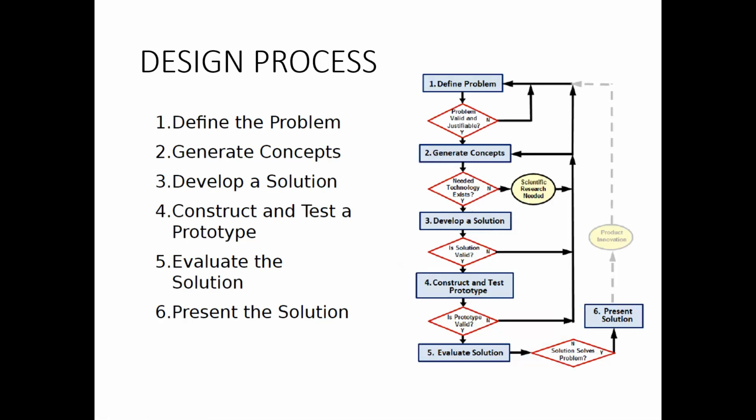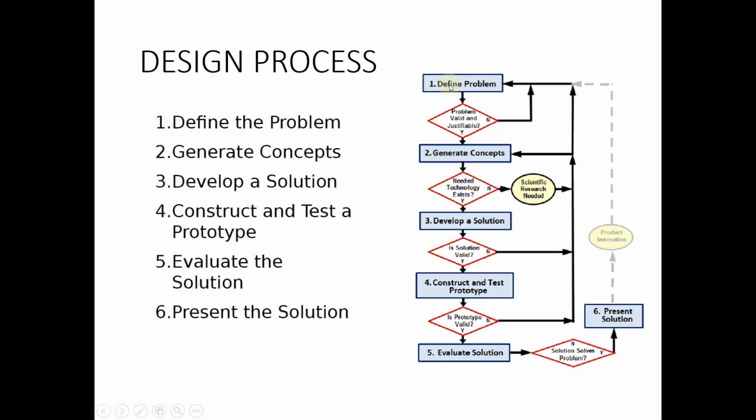So let us look at what design process actually means. The design process, as I mentioned earlier, can be generalized into 6 steps or 6 processes. It is being illustrated here.